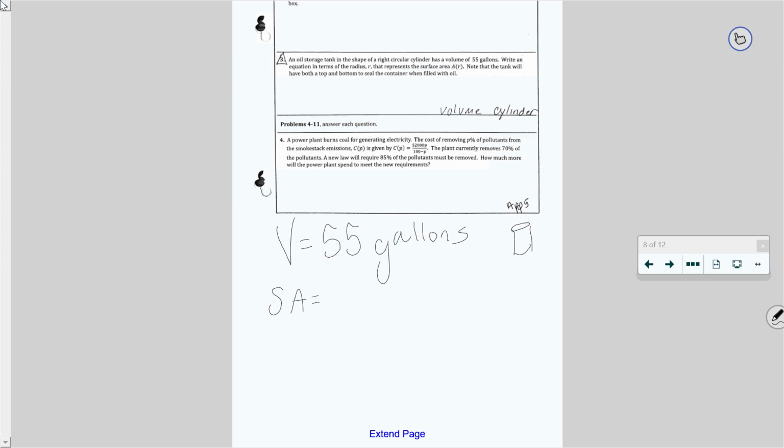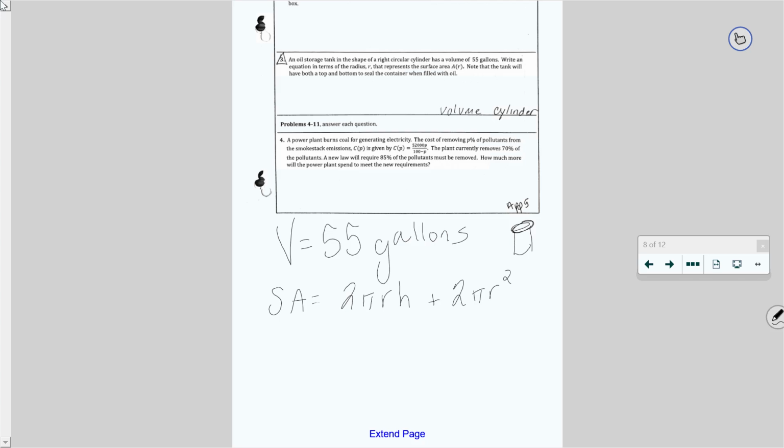So that would be what? The length of the rectangle would be the circumference, so 2 pi r. And I'd want to go multiply it by the height. And then I'd have to add 2 circles, so 2 pi r squared, right? So that would be surface area of the cylinder, and it does say top and bottom.